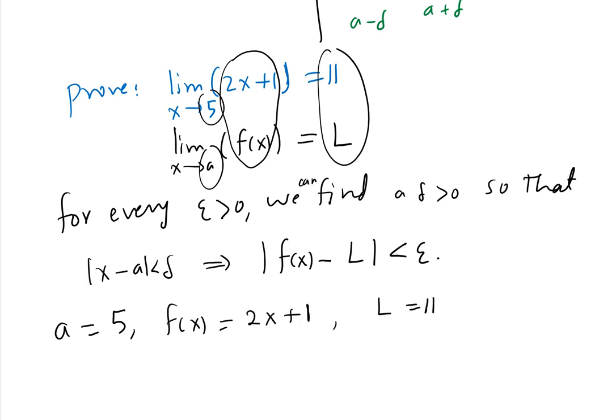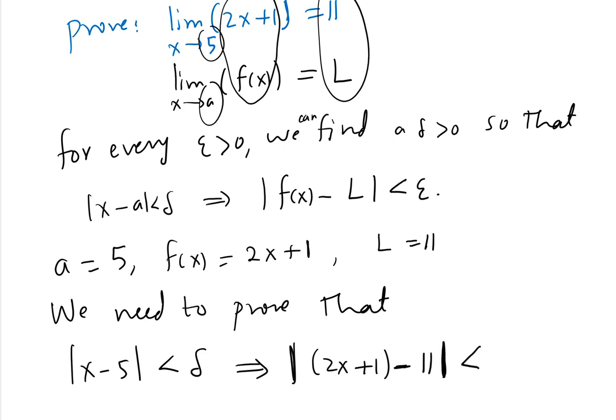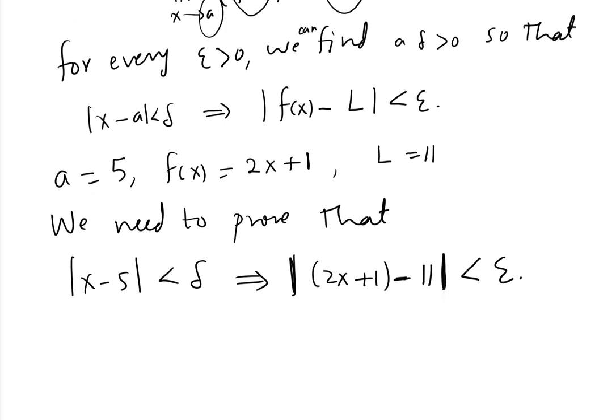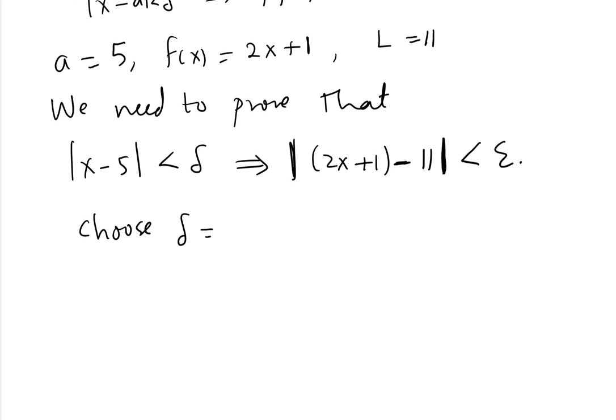So what we need to prove here is that when the absolute value of x minus 5 is less than delta, it implies the absolute value of f of x, which is 2x plus 1, minus 11, is less than epsilon. How do you do that? Well, we write first, choose delta to be something with epsilon, which we'll come back to in a minute. Leave it blank like this.